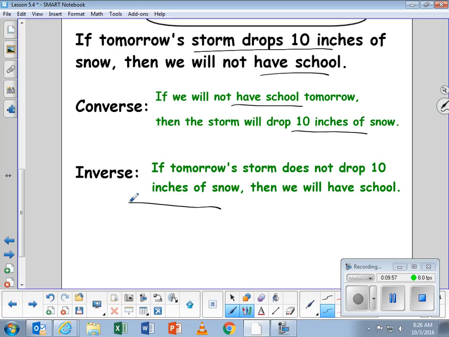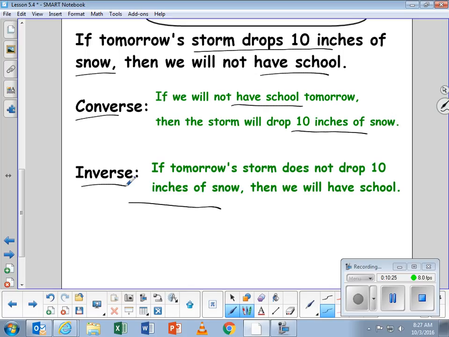Just because a conditional is true doesn't mean a converse is true. Very good, Emily. What do you think the statement about inverses is going to be then? The same thing. I agree with you, Amelia. We're saying that just because this conditional is true doesn't make the converse or the inverse true.